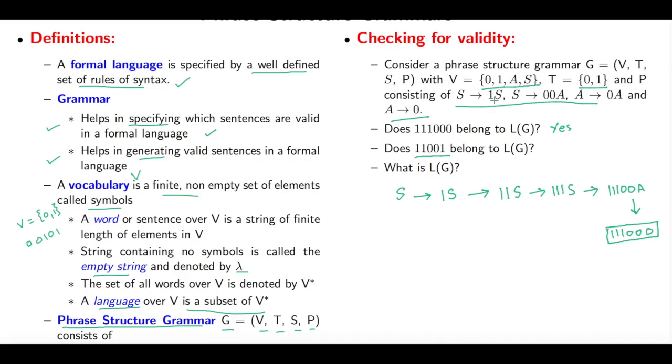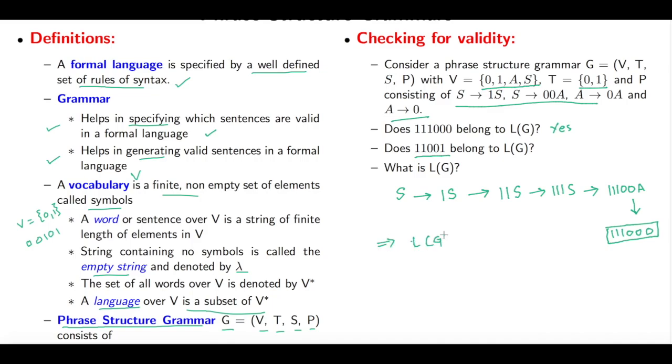This cannot be in the language because S is not in T. Then 00A cannot be in the language because A is not in T. And 0A, this whole string cannot be in the language, because A is not in T. But 0 is in T.